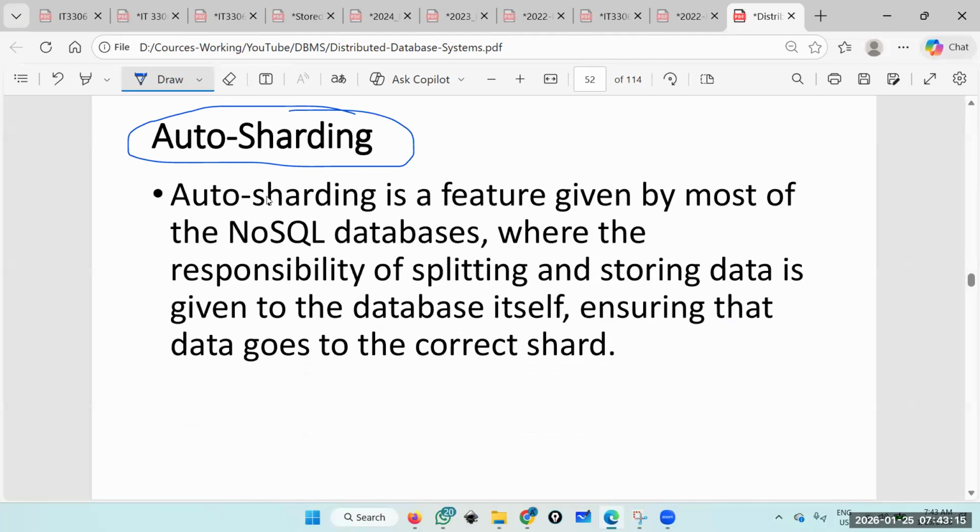So the database decides where to put those partitions, what are the best places or best nodes, rather than system administrators deciding the strategy. Maybe system administrators decide the fragmentation because that is more of a logical conceptual thing, but allocation is more performance related.